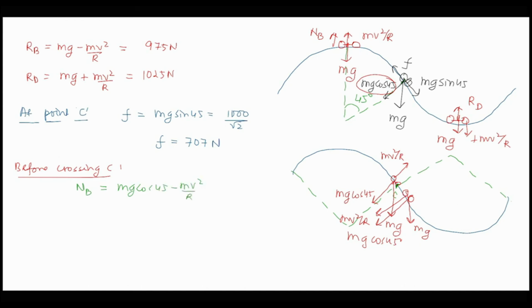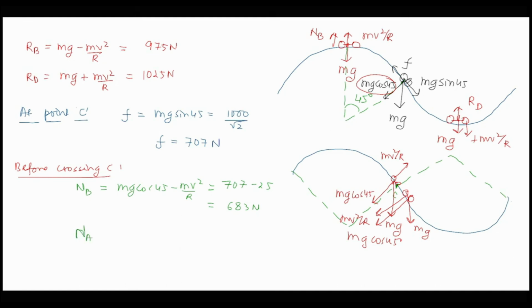We have already calculated its values as 707 and 25 respectively. So 707 minus 25 will give us a value of 683 Newton.